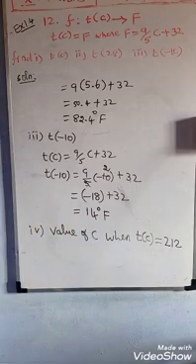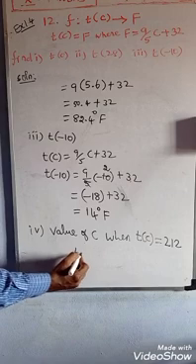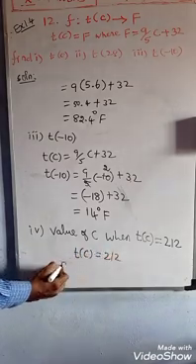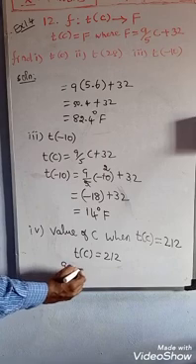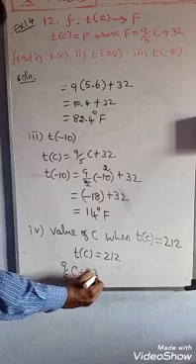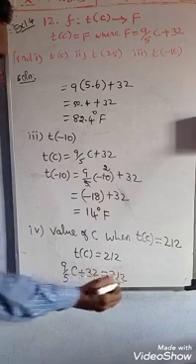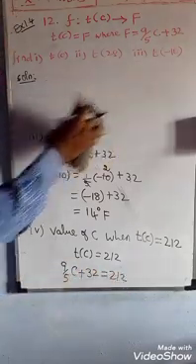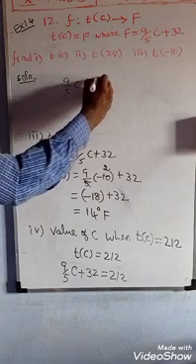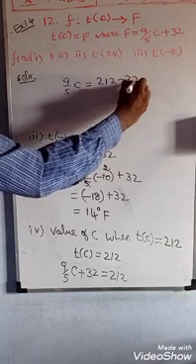We know T of C is 9 by 5 C plus 32, which is equal to 212. Now simplify this. 9 by 5 C alone keep this side, 212, and 32 that side goes minus 32.